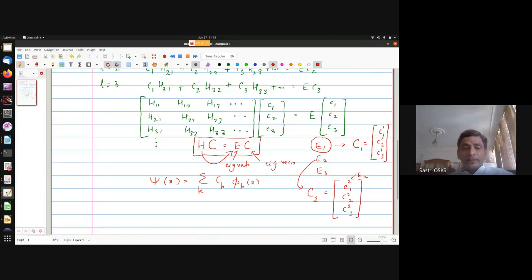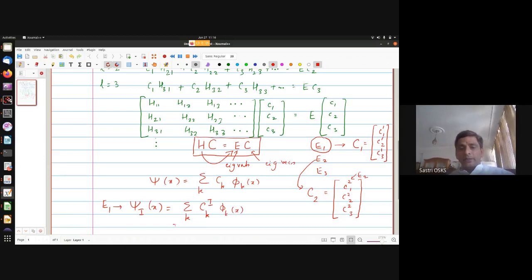So now if I want the wave function corresponding to E1, let me call it psi1 of x. Then it will be summation over k of Ck1 phi k. You get this point?